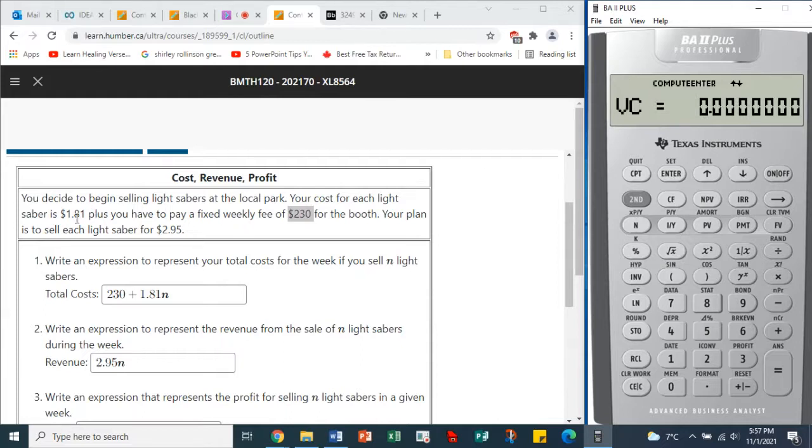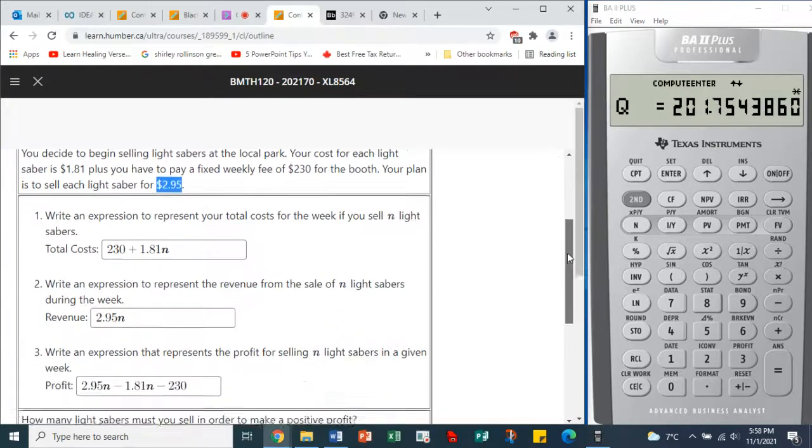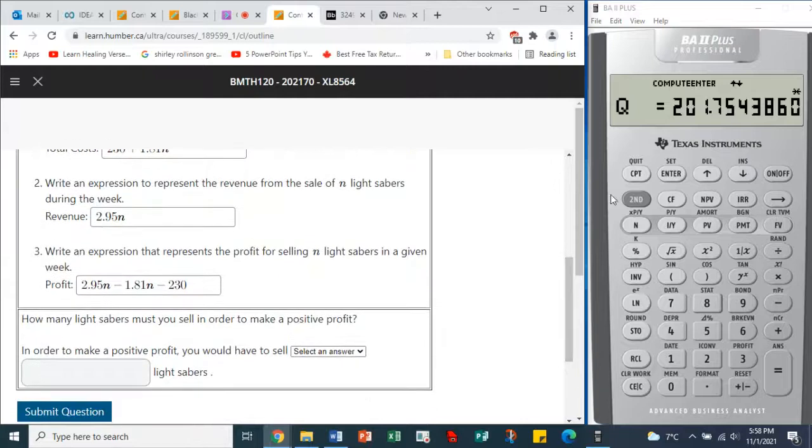And then the variable cost is the 1.81 here, enter. Now P represents the selling price, so the selling price is 2.95, enter. The profit, because it's break even, would be 0. And the quantity we compute, and we get 201.75. So it has to round up to 202. So this answer here would be 202.